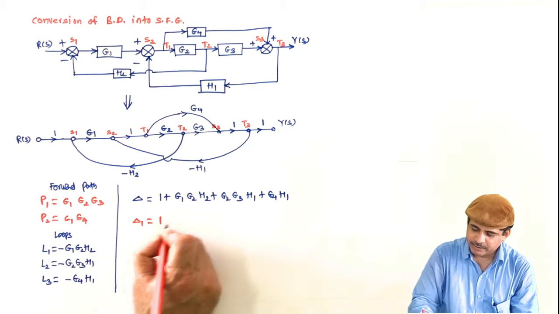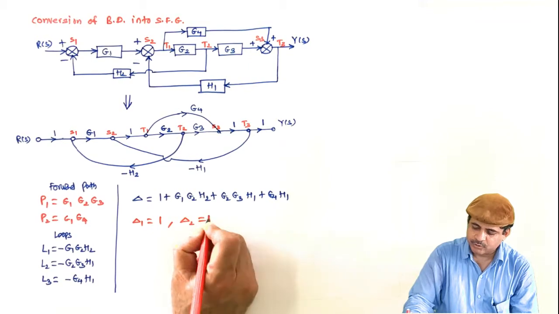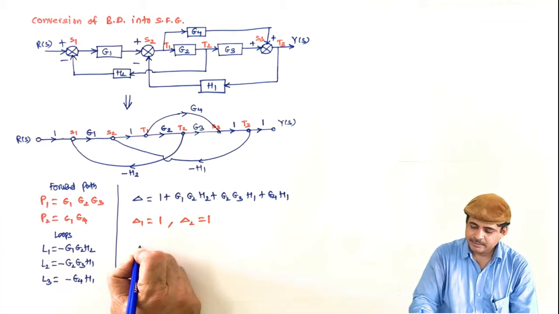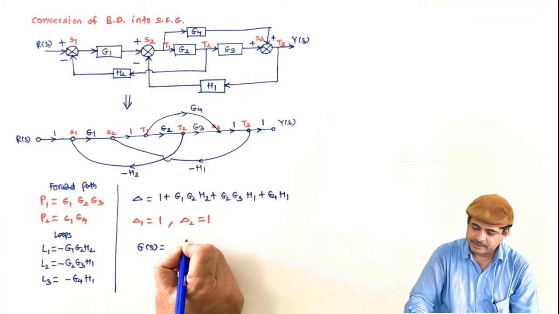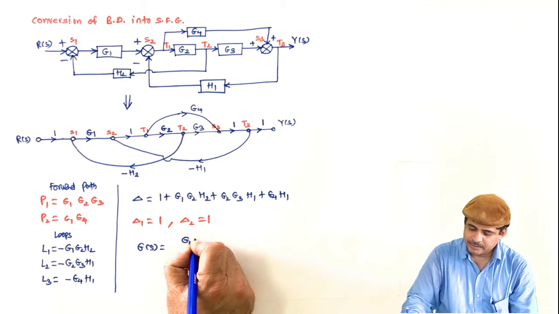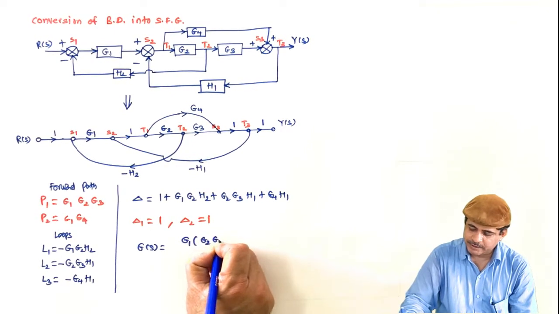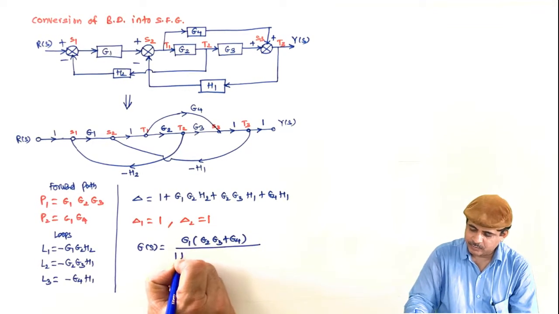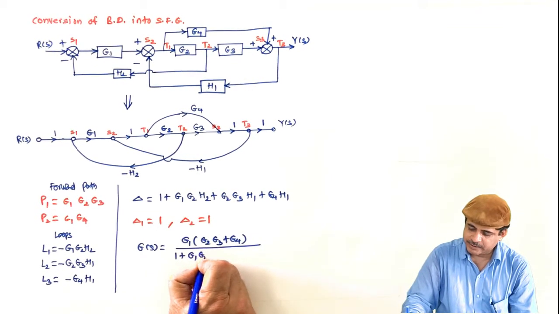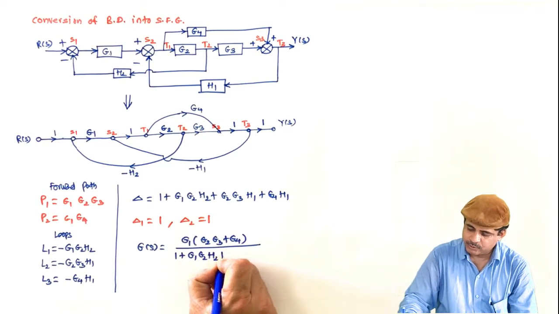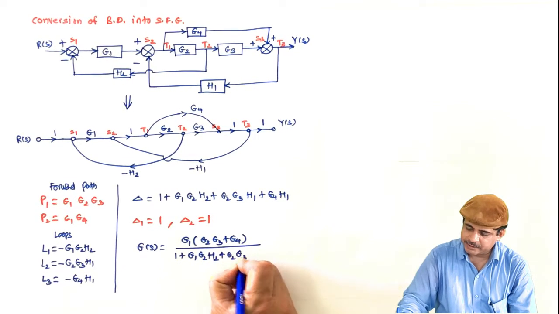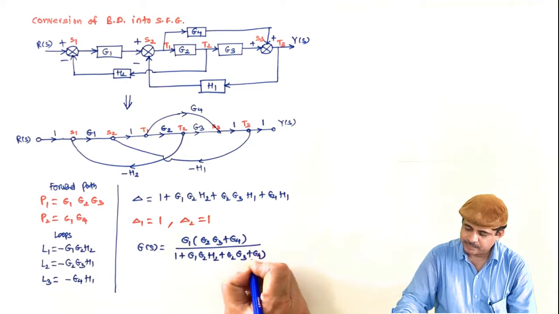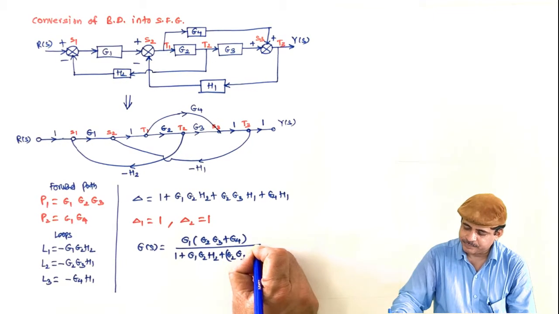So delta 1 is 1, delta 2 is also 1, and then the transfer function G of S is G1 into bracket G2 G3 plus G4 divided by 1 plus G1 G2 H2 plus G2 G3 plus G4 H1.